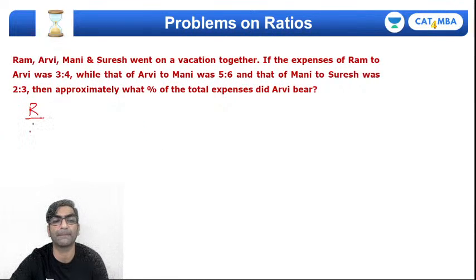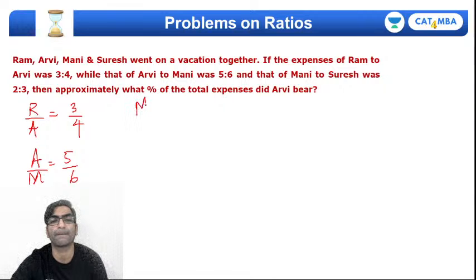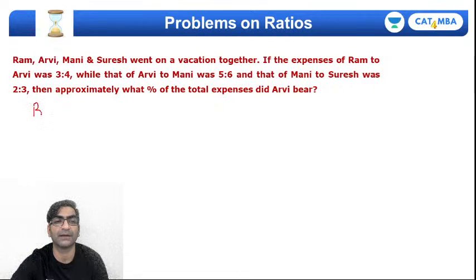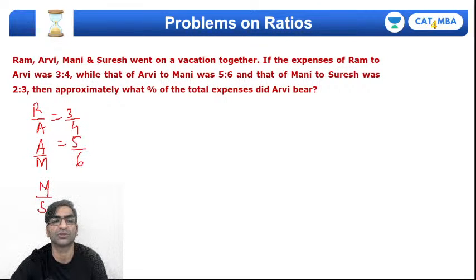So Ram to Arvi I can write that in fraction terms, 3 by 4. Arvi to Mani, 5:6, and Mani to Suresh, or maybe I'll write it in ratio terms. Ram to Arvi, 3:4, Arvi to Mani, 5:6, and Mani to Suresh, 2:3. And let's read what the question asks me.